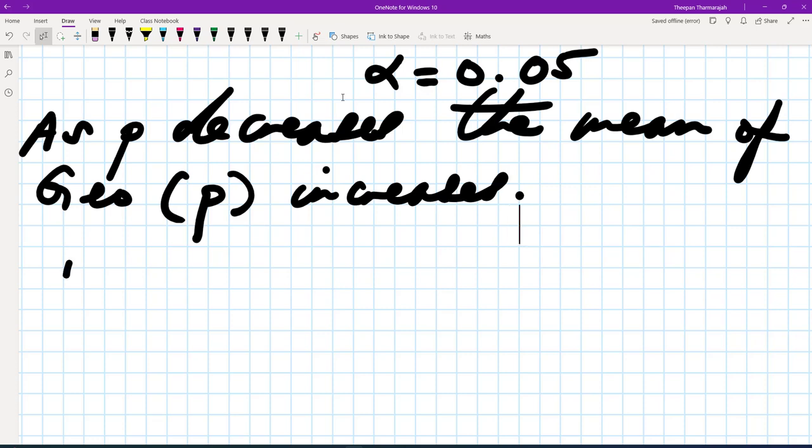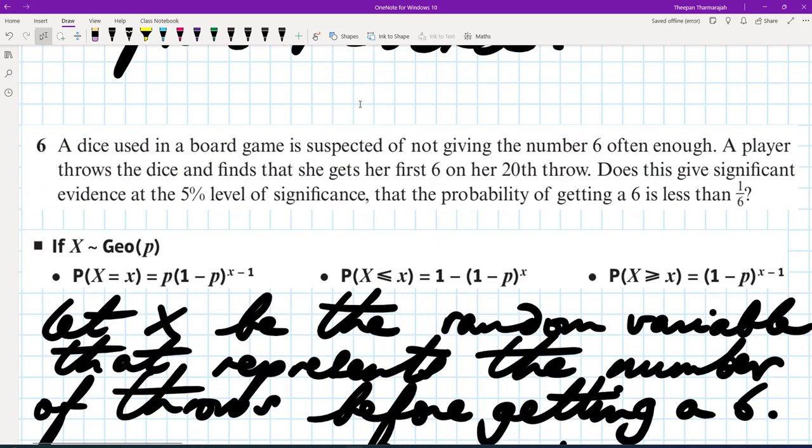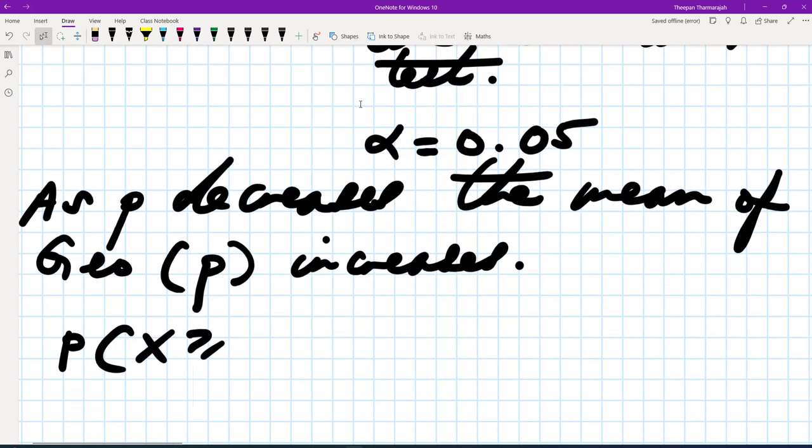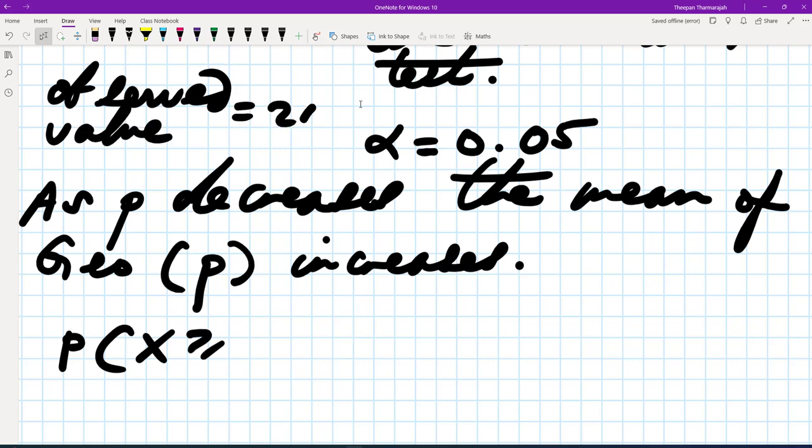So we're interested in the probability of x being greater than or equal to our observed value. Now, our observed value in the question is the 20th throw, sorry. So I can write here, observed value is 20. Always good to write these things down for the examiner. So greater than or equal to 20.